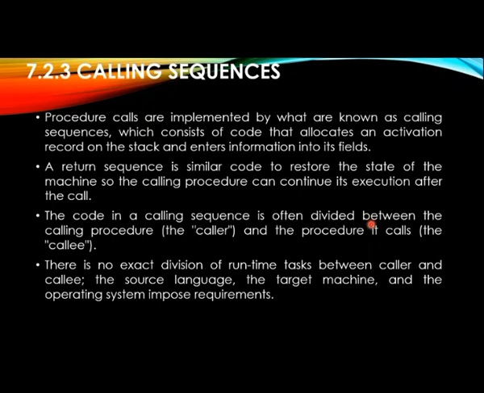Whenever allocating stack memory, each and every activation record is filled with information based on the caller and the called function. For example, consider two functions, function p and function q. Whenever procedure p is first invoked, it is allocated on stack memory. First of all, it creates one activation record for procedure p.